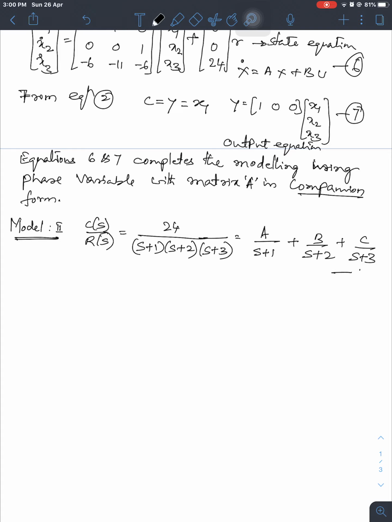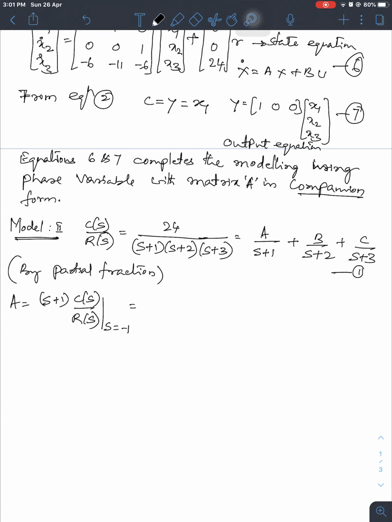Alright. So what we have done is the partial fraction expansion. We will call this equation 1. This is by partial fraction. What do we know next? We try to find these residues. So we will try to adopt Heaviside expansion. We will try to evaluate A as equal to s plus 1 into the given transfer function C of s to R of s, evaluated at s is equal to minus 1.